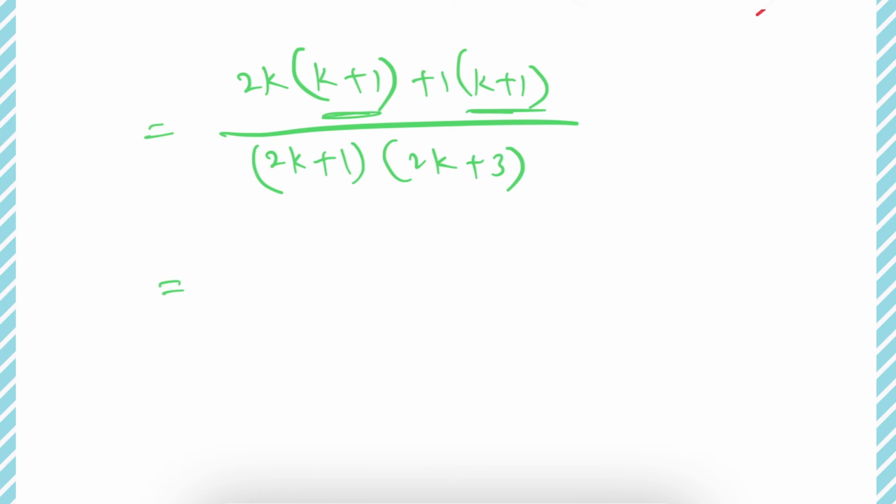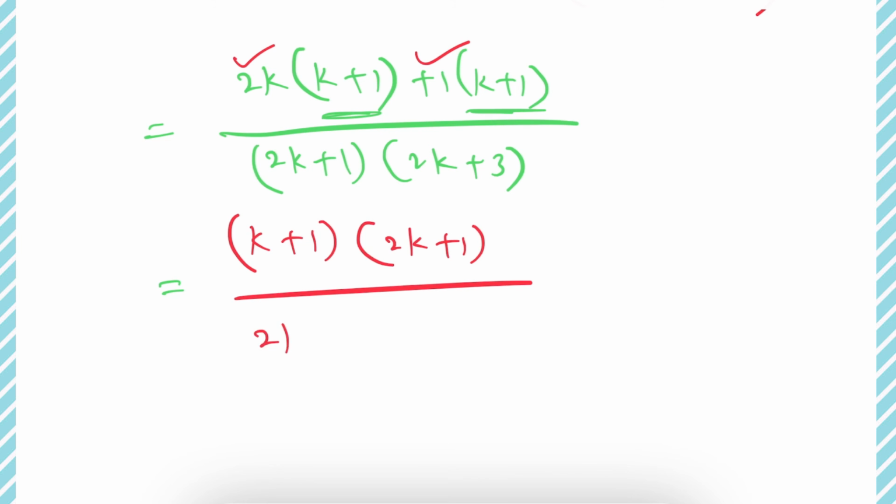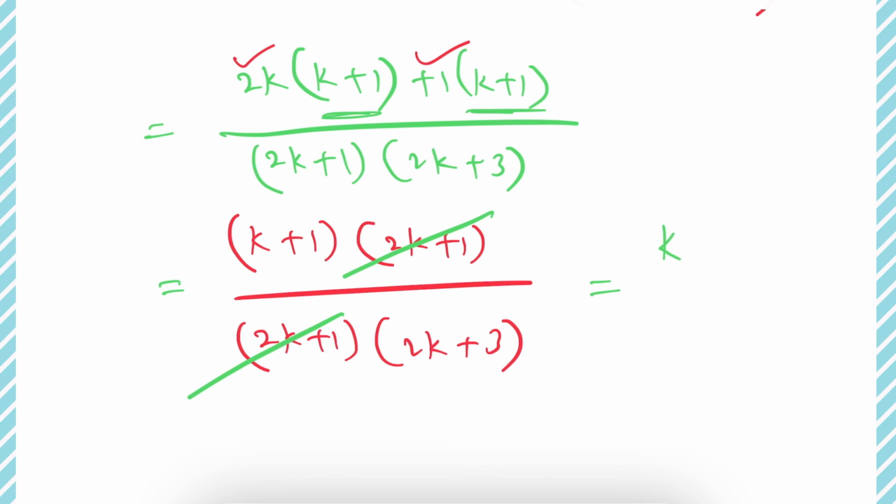So write that k plus 1 once, and then the remaining terms, here 2k, here plus 1. So 2k plus 1 whole divided by the denominator as it is, 2k plus 1 times 2k plus 3. In the numerator as well as in the denominator, we can cancel 2k plus 1 with 2k plus 1. Then we remain with the final answer, k plus 1 divided by 2k plus 3.